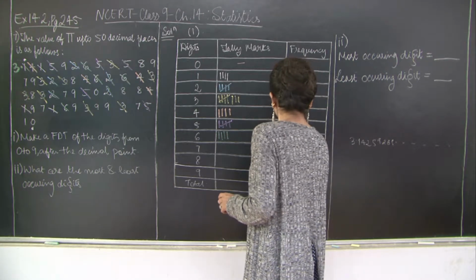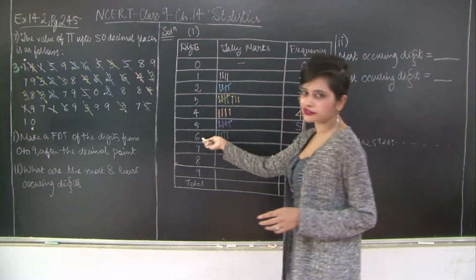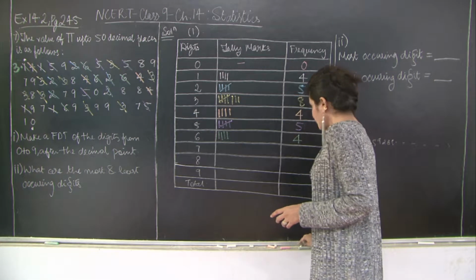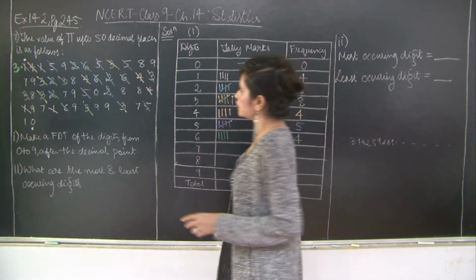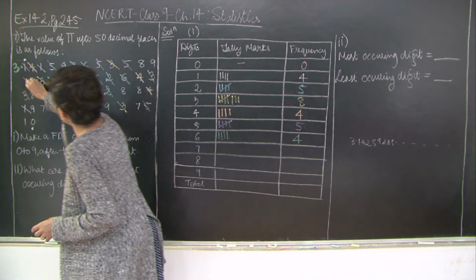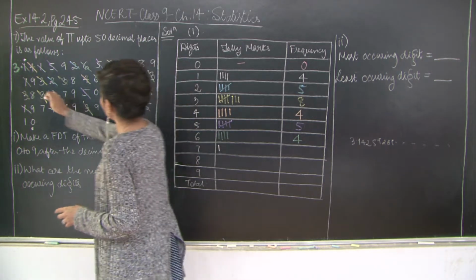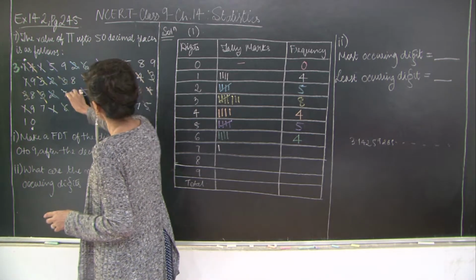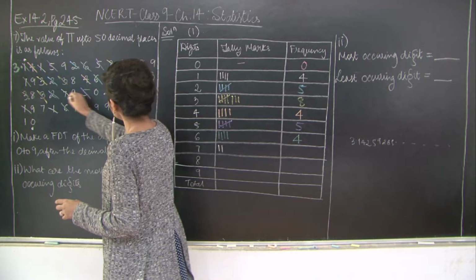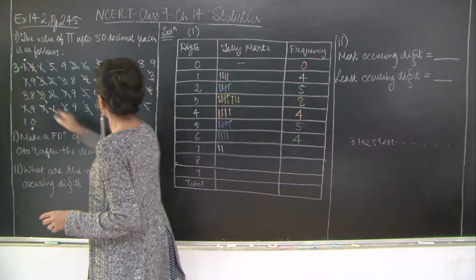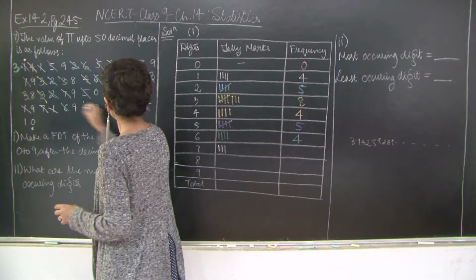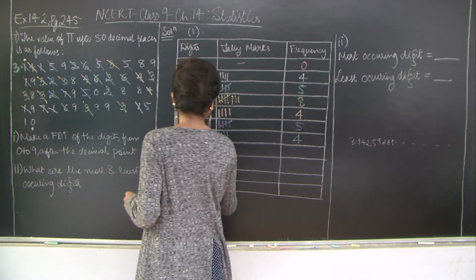So you have a combination of 6 and 4s. Okay. 7. So there is 1, 2, 3, 4.